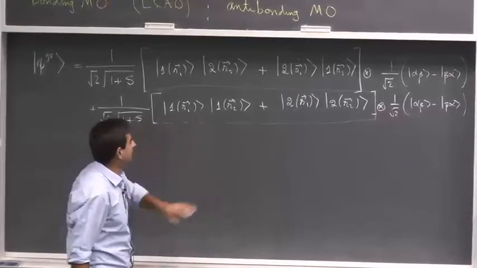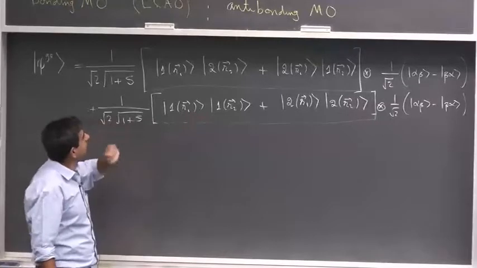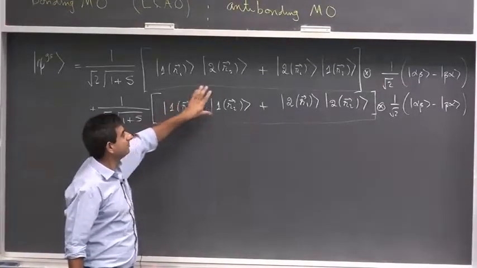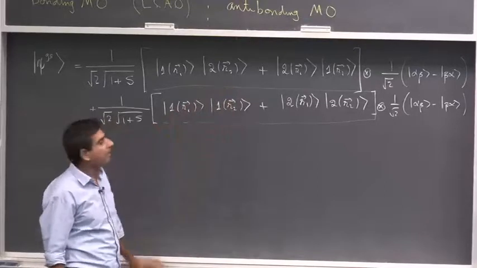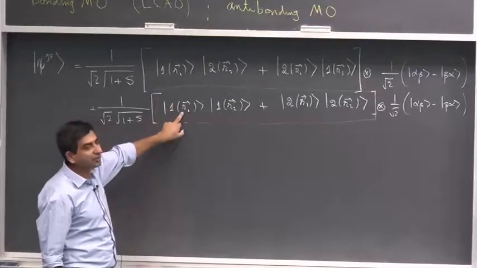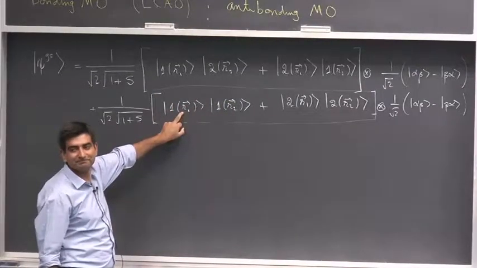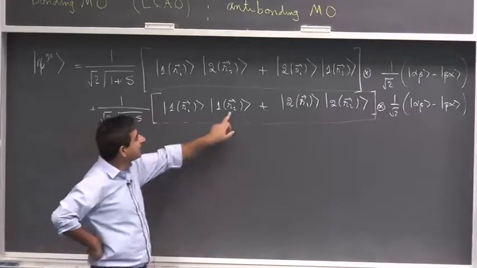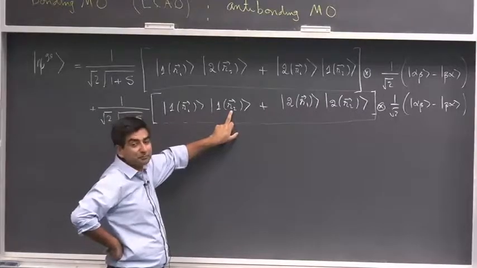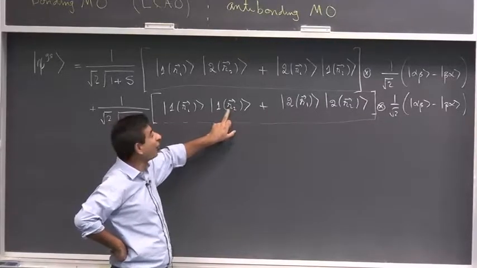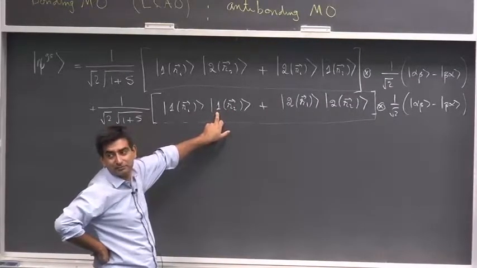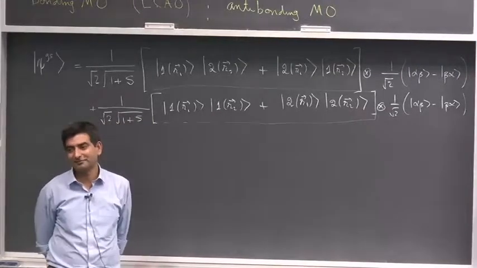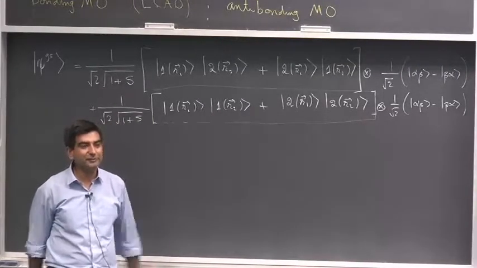What does this mean? Look at this term. This is the first electron, second electron. The first electron is at position r1 and connected to nucleus 1. The second electron is at position r2 and also connected to nucleus 1. So both the electrons are connected to one nucleus. It's kind of strange. And there's no electron with the other nucleus.